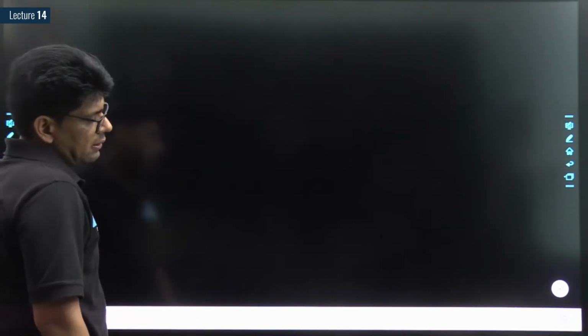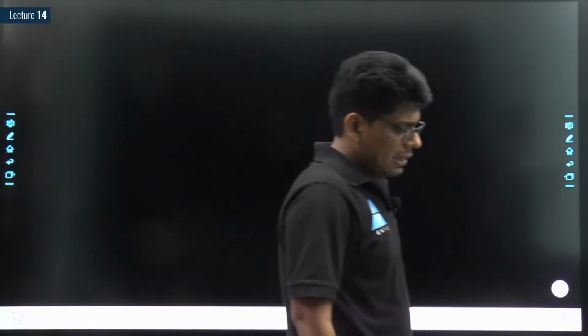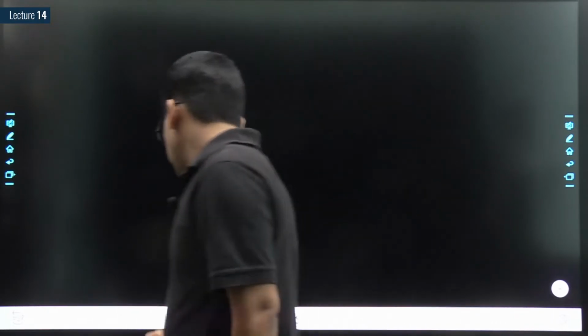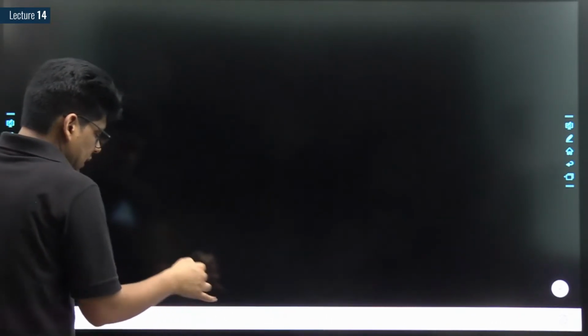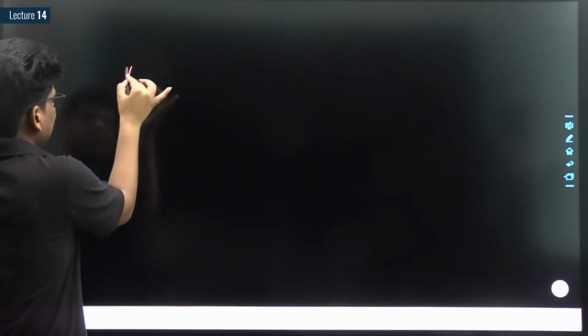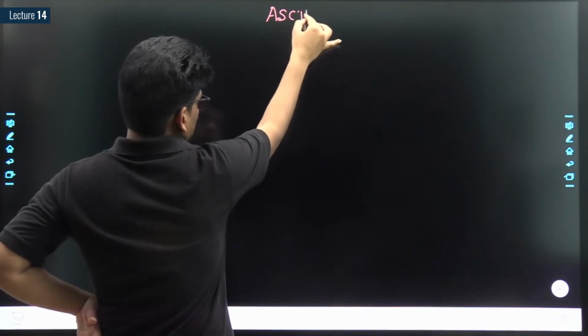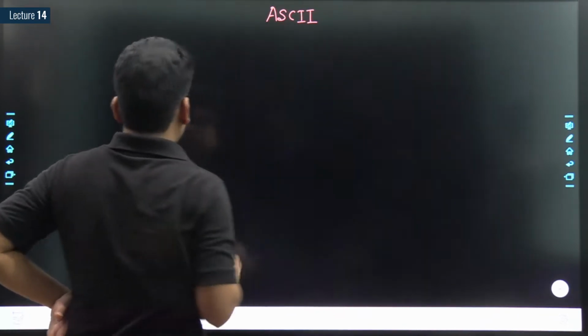Try to understand. That means we have ASCII code. Why do we have ASCII code? We have ASCII code for English type language. Sir, in English, we have some symbol A. What we are reading is the ASCII character system.